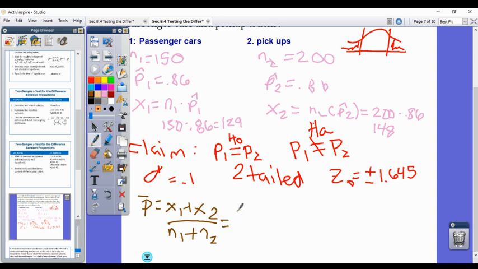All right, so here's my formula. Let's go ahead and plug in. And I'm going to get this, which means I can find Q bar.